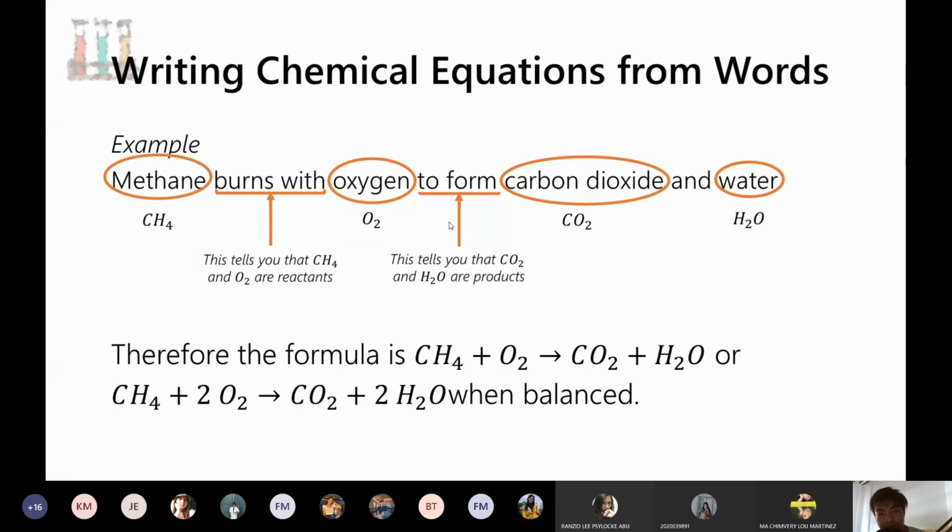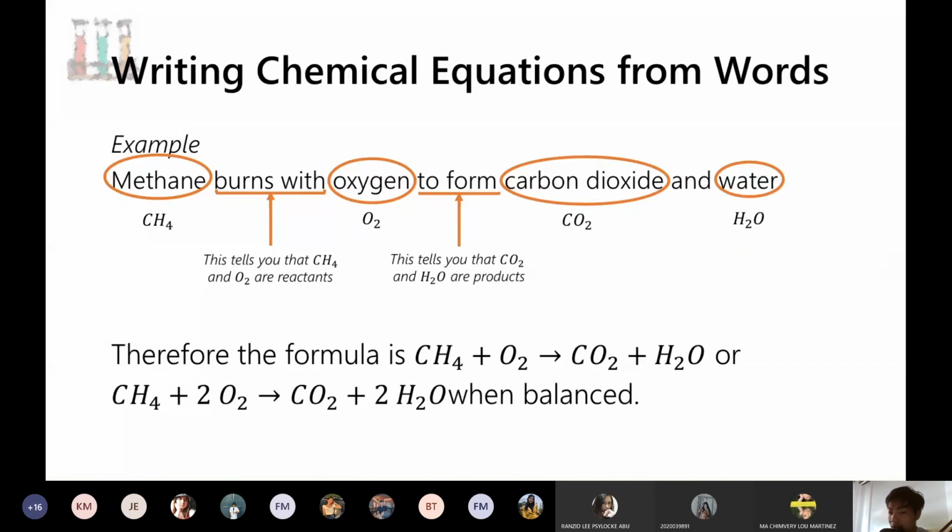So, another example, methane burns with oxygen to form carbon dioxide and water. So, if you're not familiar with methane, ako, suggestion ko na lang, since not all naman nakapag-organic chemistry, if hindi talaga kayo familiar with chemical compounds, I will allow you to Google it. Okay?